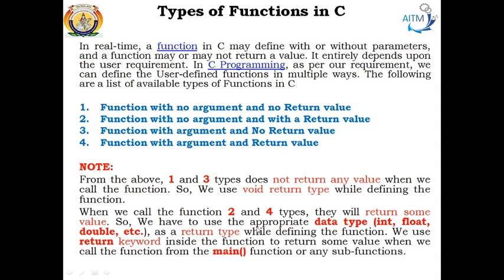So we have to use the appropriate data type such as integer, float, double, etc. as a return type while defining the function. We use a return keyword inside the function to return some value when we call the function from the main function or any sub function. So let us understand each of these functions in detail.